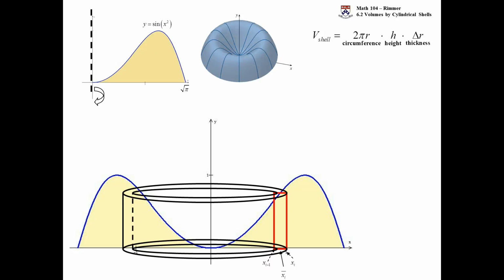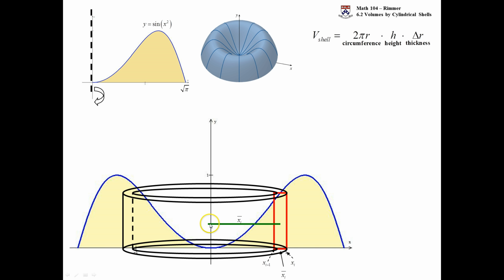That's kind of like the average, you know, maybe it doesn't have to be exactly in the middle. It's just like our xi star from previous. We choose some place in the interval to do our evaluation. Okay, and what we need to do is call that distance xi star. Sorry, it looks like it's a little bit past here. This is, remember, y is your axis of rotation.